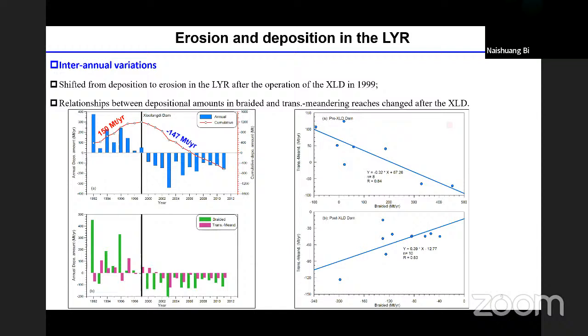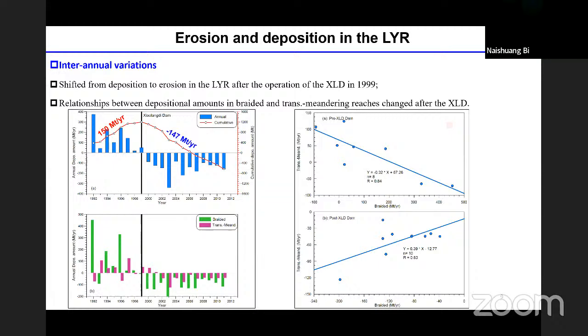However, after the Xiaolangdi, it shifted to erosion, with an average value of more than 140 million tons per year. We also study, spatially speaking, the different reaches.